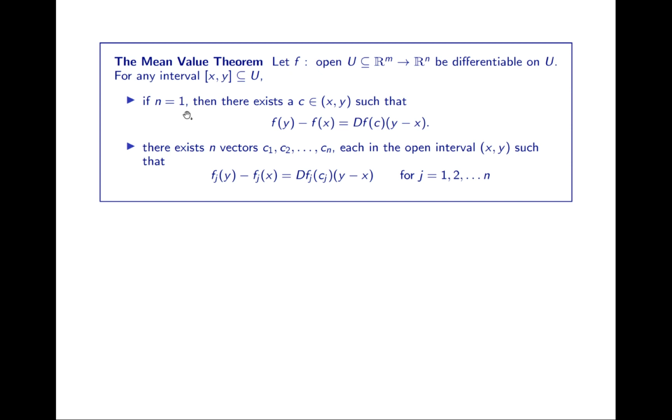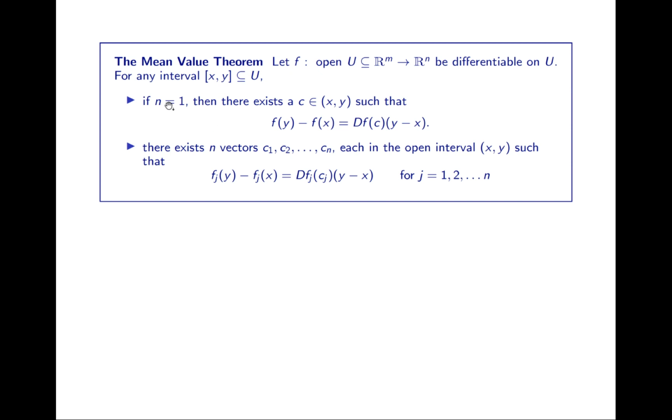Of course, if n is 1, this is just the gradient of f transpose, evaluated at c, times that difference y minus x. So we can think of this as almost like a directional derivative. Essentially it's the slope in the y minus x direction.